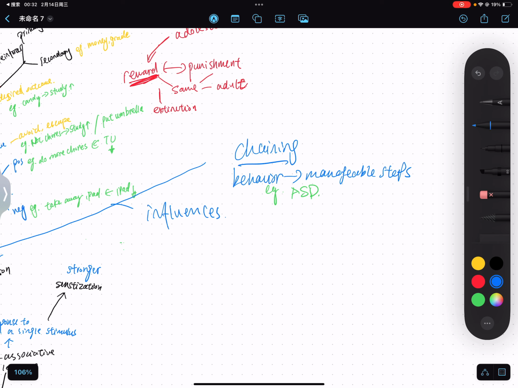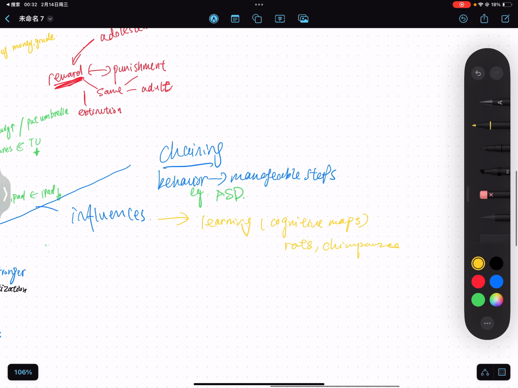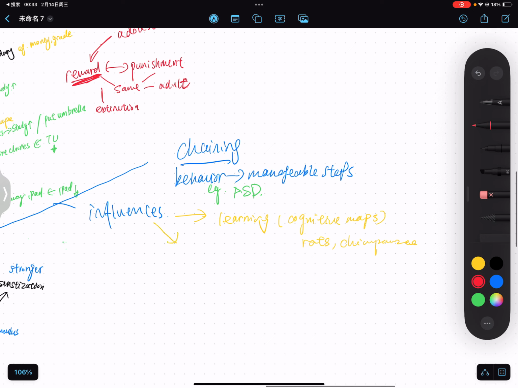Okay, so finally we talk about the influence of operant conditioning. Operant conditioning has a strong meaning in cognitive function and learning, and a lot of animals can construct a cognitive map, such as rats and also chimpanzees. In biology, there is a term called instinctive drift.